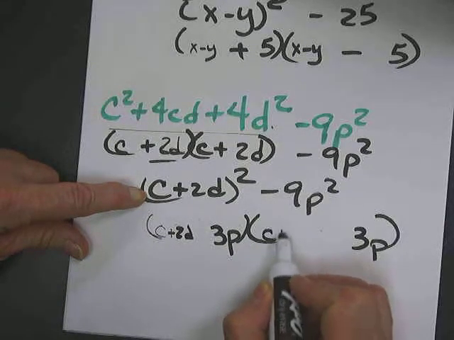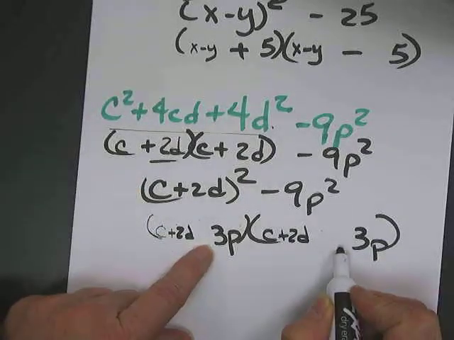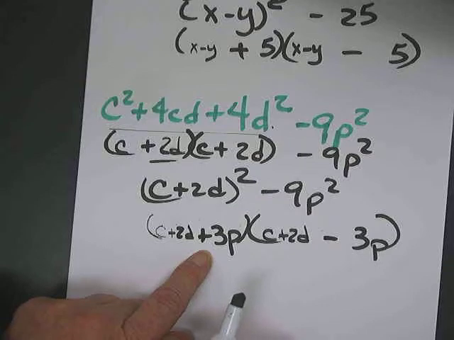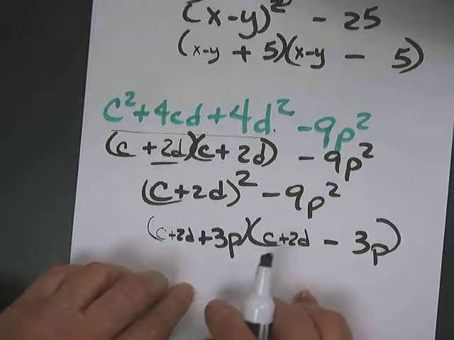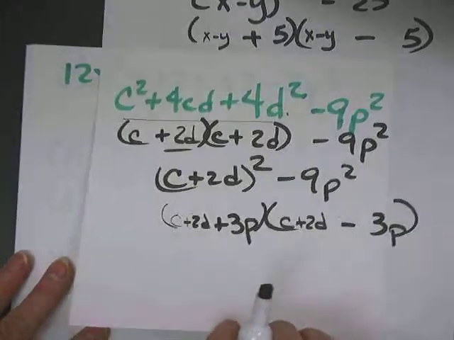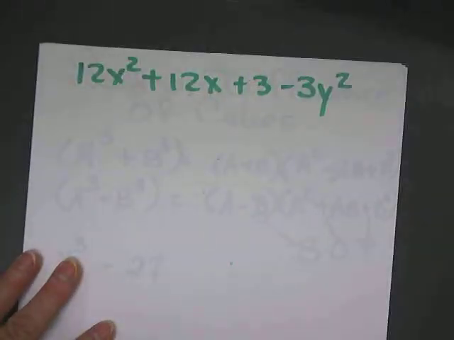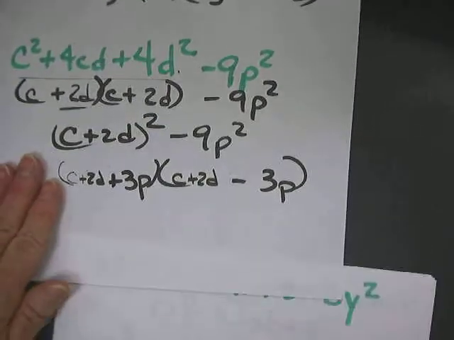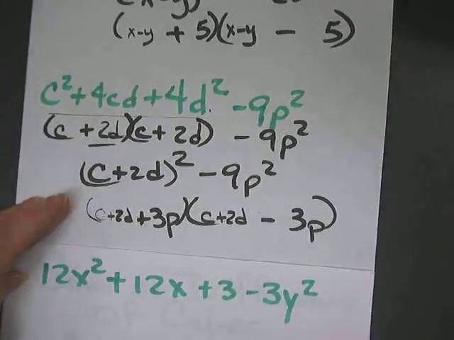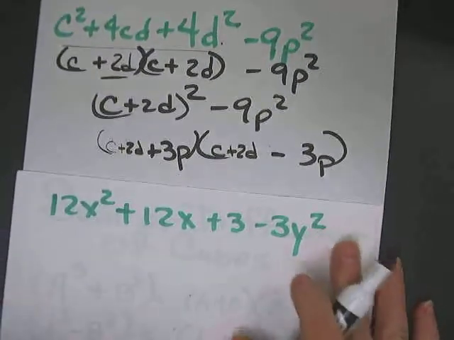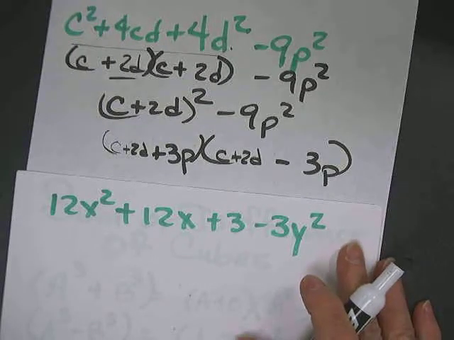This squared minus this squared. Difference of squares. So I'm going to start with the end. 9 is 3 times 3. This is c plus 2d. And then our signs. Plus and minus.